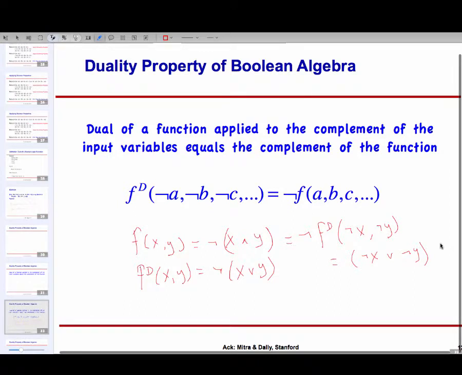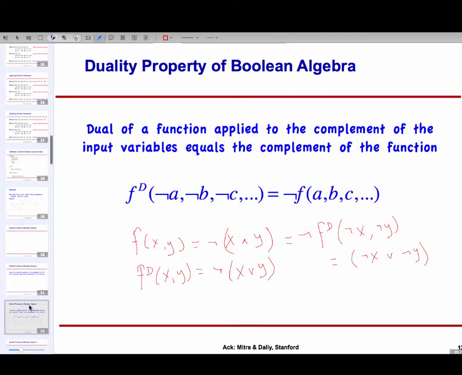And that is De Morgan's law. So as you can see, De Morgan's law is just a special case of applying this equation on a specific function. So that's the connection basically that we end up having.